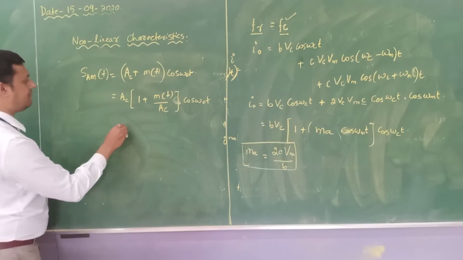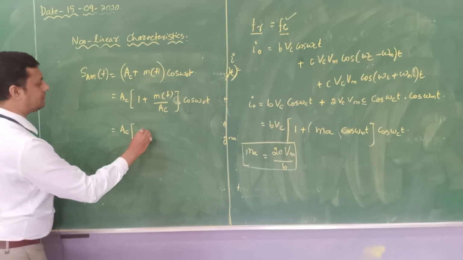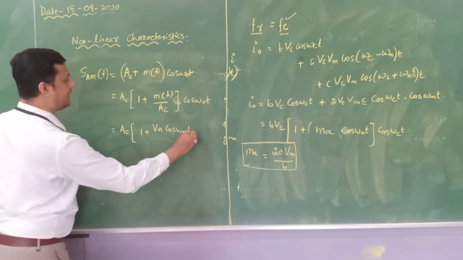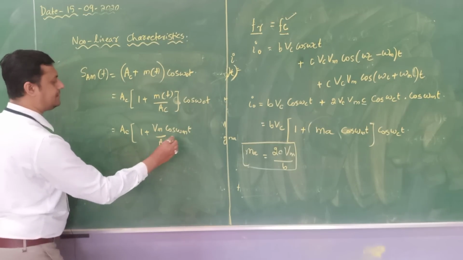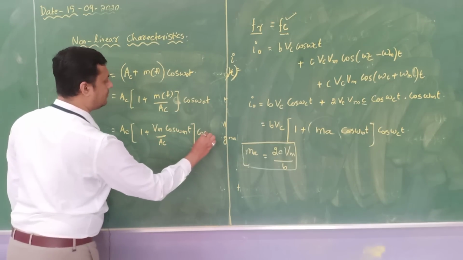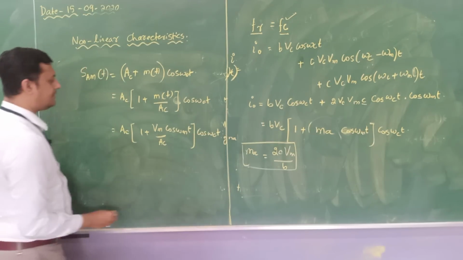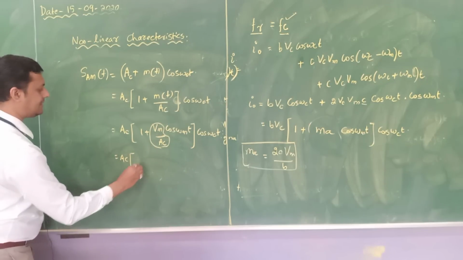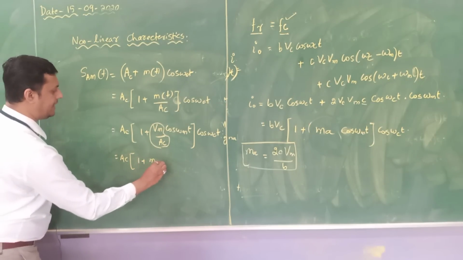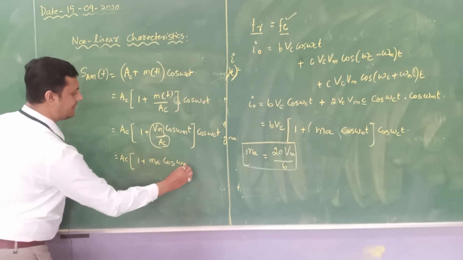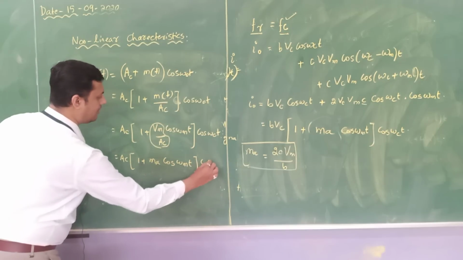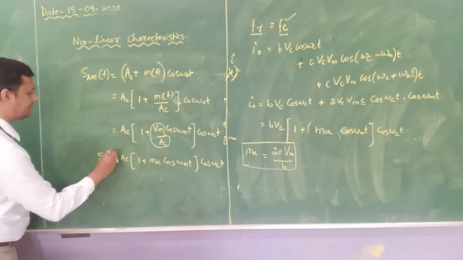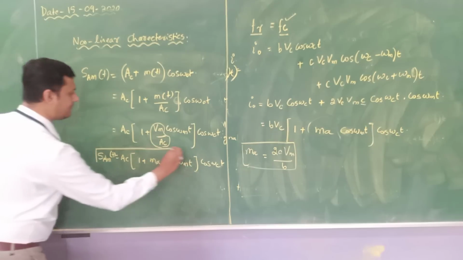Now in place of m of t, substitute Vm cos omega mt, divided by AC cos omega Ct. Now this I can replace as AC into 1 plus Ma cos omega mt into cos omega Ct. So this is my AM signal as represented by the general equation.